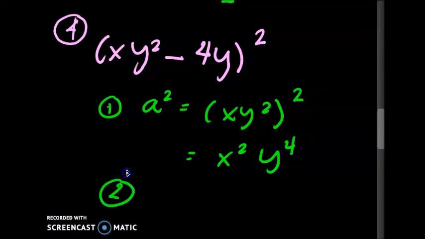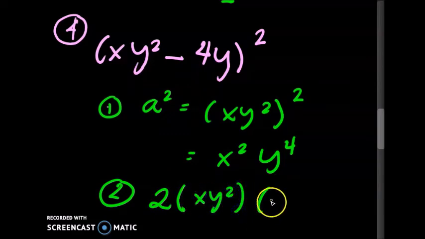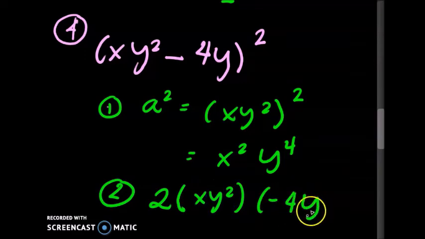And our second is to get the middle term. To get the middle term, we have to multiply the first and the second term in a binomial. So xy² multiplied by negative 4y.